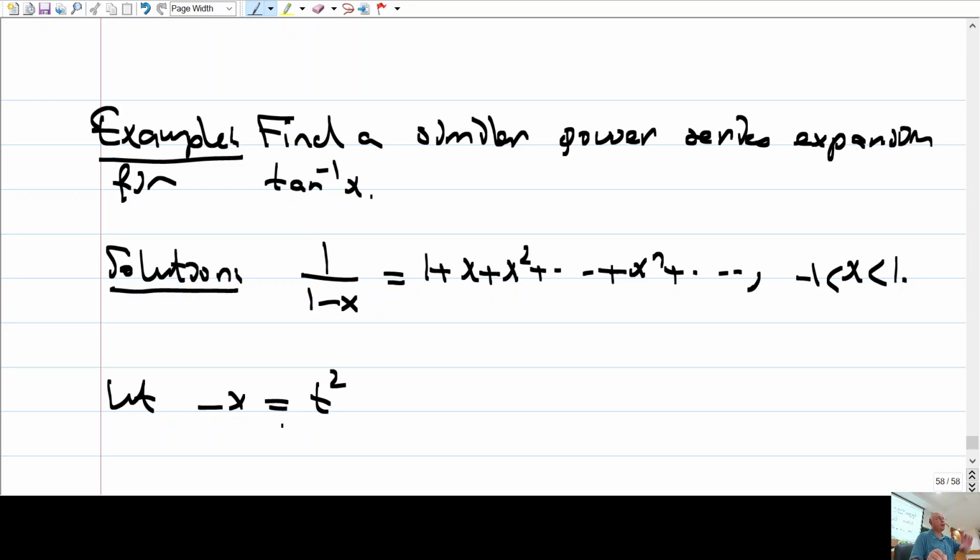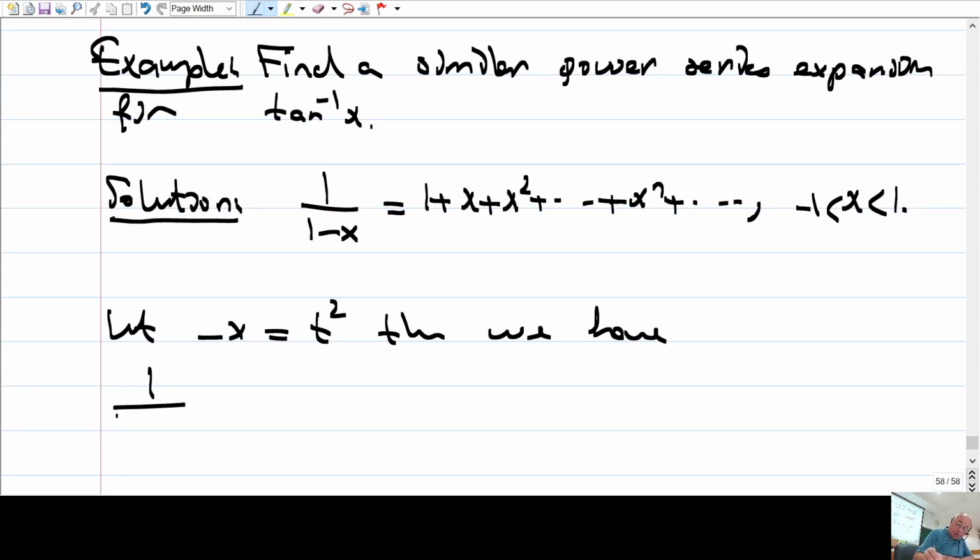I am writing t squared instead of minus x. Then we have 1 over 1 plus t squared, which is just 1 minus t squared plus t to the power 4 minus t to the power 6, right?